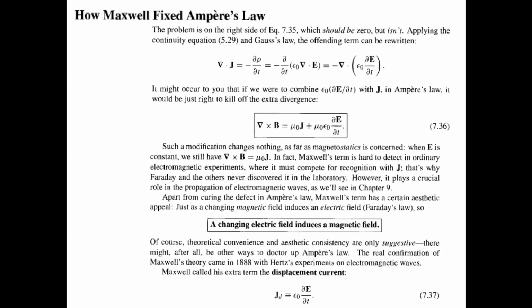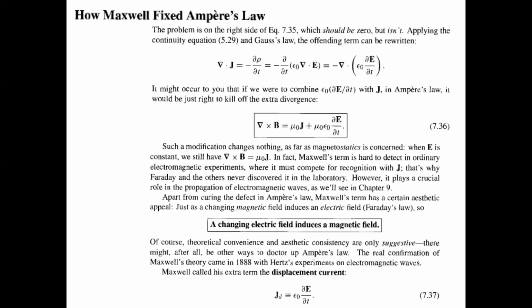Apart from correcting the defect in Ampere's law, Maxwell's term has a certain aesthetic appeal. Just as a changing magnetic field induces an electric field, a changing electric field induces a magnetic field.